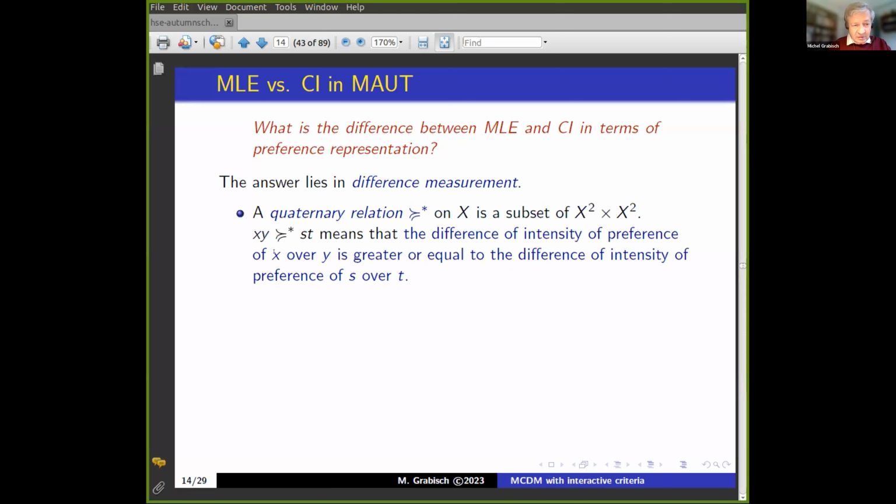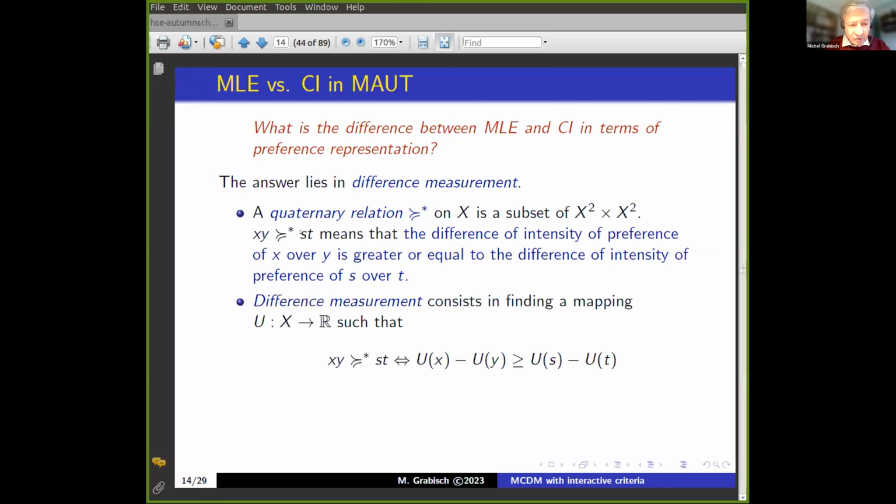X and Y are alternatives, S and T are other alternatives, and you compare this pair with that one. The meaning is simply the difference of intensity of preference. So in words, the difference of intensity of preference between X and Y is greater than the difference of intensity of preference between S and T. This is the way you should read it.